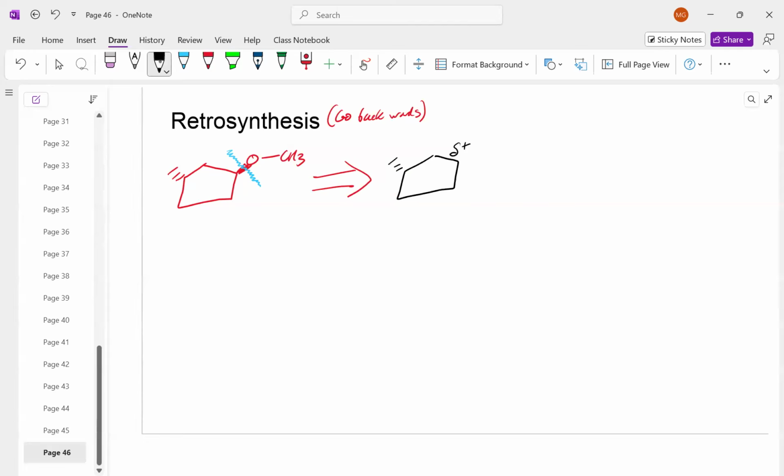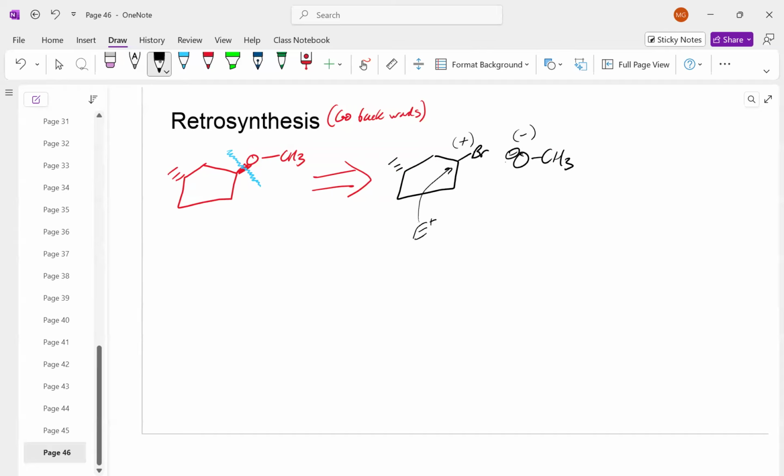So how do I get this carbon right here to be electrophilic? Well, I'm going to put something that's got a lot of electronegativity on it. And how do I get this oxygen to be nucleophilic? Well, let's just give it a negative charge. We've seen nucleophiles where the oxygen has had a negative charge. And if I think about this, what kind of reaction will this do? Well, this will undergo an SN2.